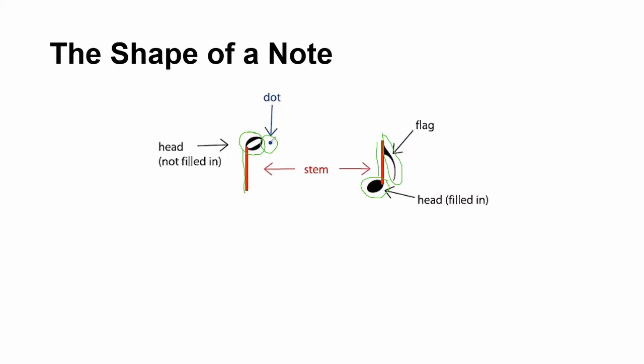You can have the dot come immediately after the head. You won't find it in any other place but directly after the head. That is the dot. So a note has a head, a stem, a couple of flags, and may or may not have a dot following it.